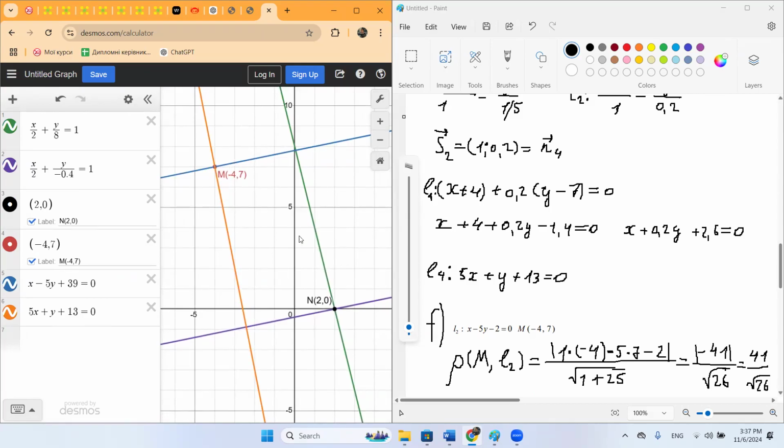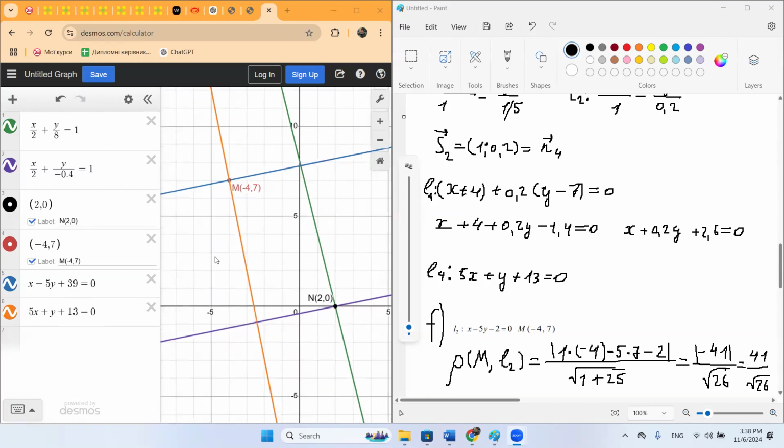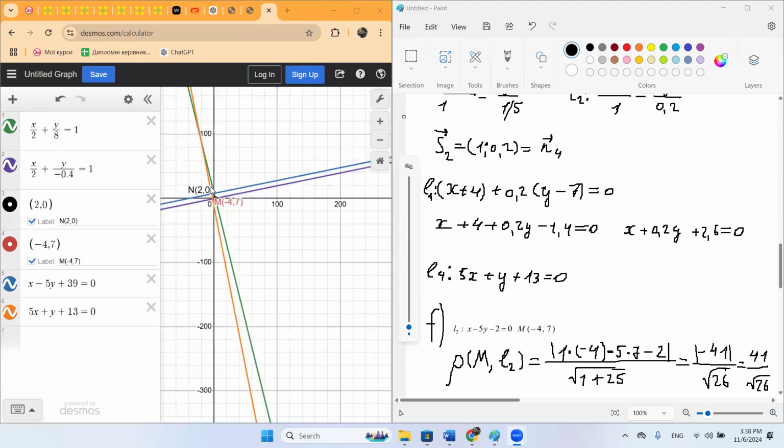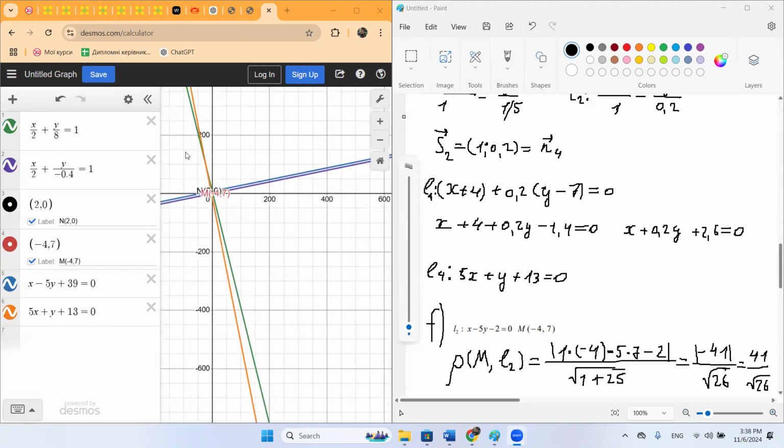By the way, sharing this useful link with you. Any questions about this task or about the graphs? No questions. By the way, lines L1 and L2 are not perpendicular, as we can see.